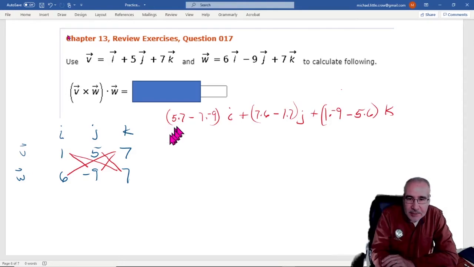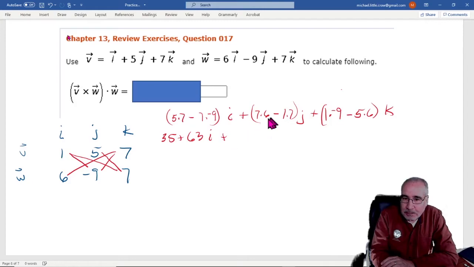Okay, so this is 35, negative and negative is going to be a plus 63. This is 42 minus 7. It's a j component. And this is negative 9 minus 30.